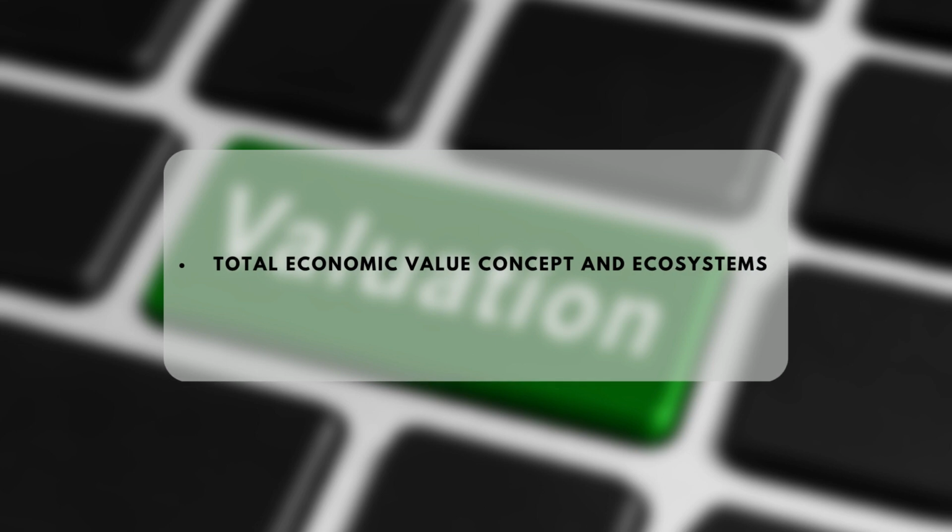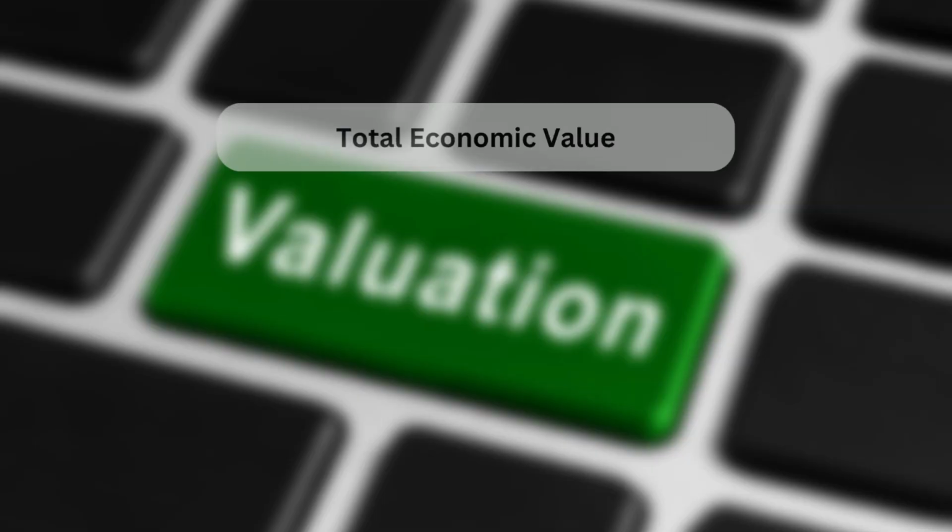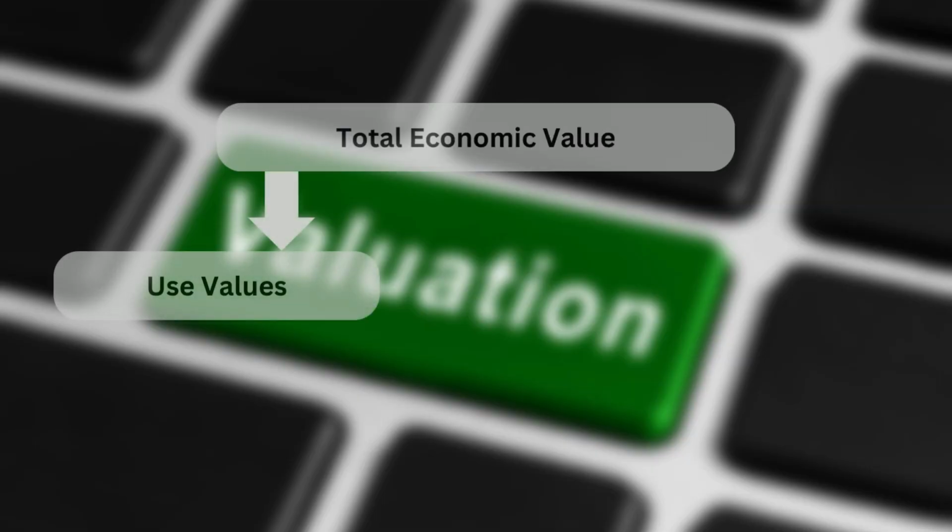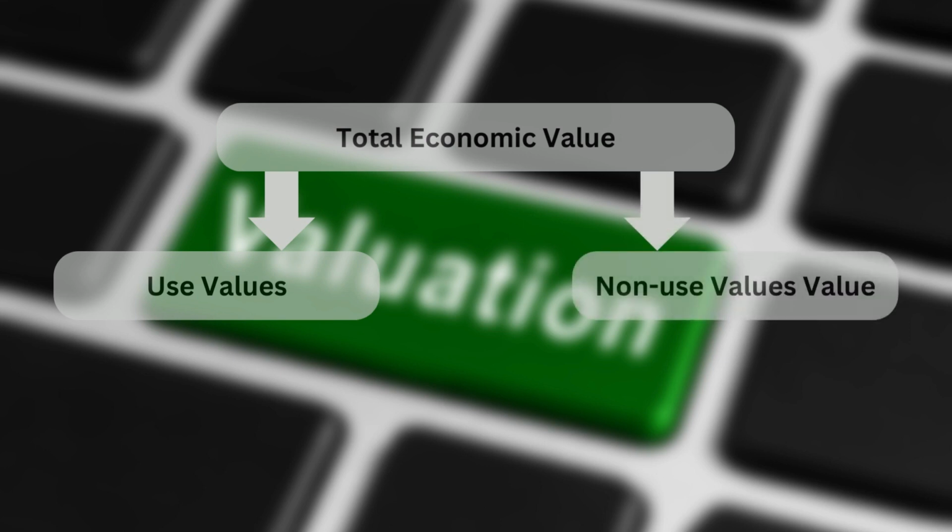Now, when I talk about economic evaluation, one thing is very relevant. We have to talk about total economic value and the concept in terms of ecosystem. So, when I talk about total economic value, it can be segregated into two parts. One is use value and another is non-use value.